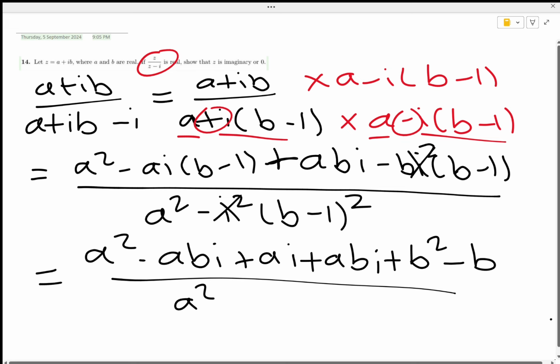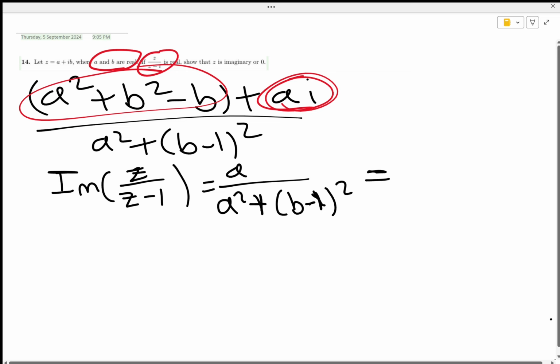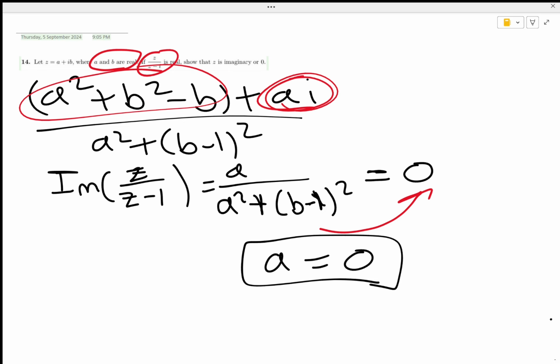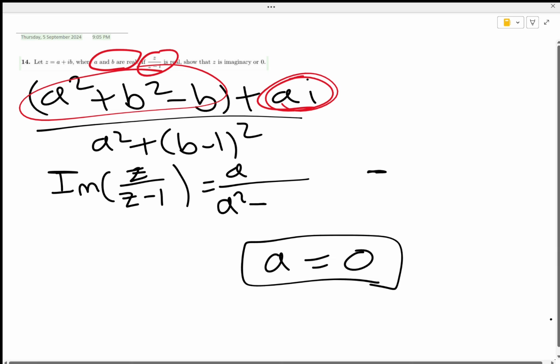So you're just left with a, not z equals a plus ib, so make that equal to 0. And once we times all of this by 0, we will have a equal 0. So now we have the a. Let's just make some more space.